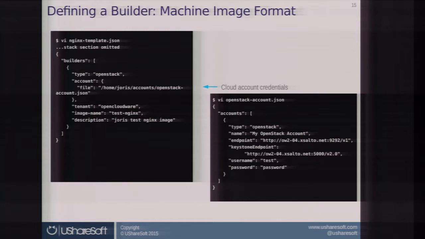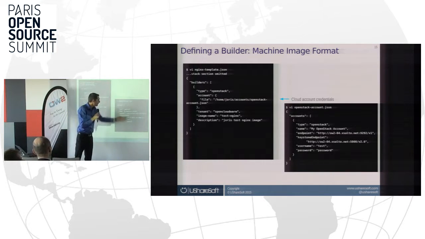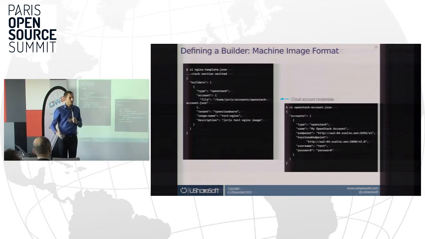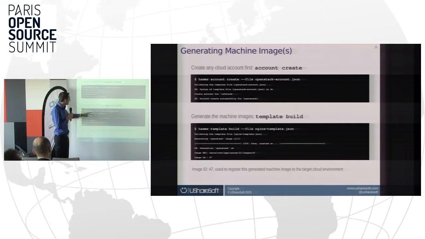Here on the right is a focus on the credential file of my OpenStack. I use OW2 OpenStack. I have set my user and password, and with this I can publish my stack onto the OW2 OpenStack. Here you can find the Hammer command to generate this stack with template build to the OpenStack format.